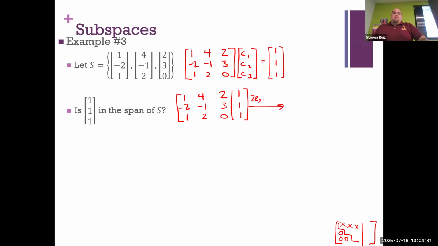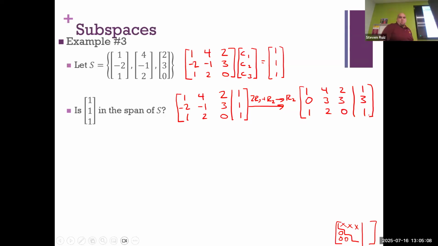2 times R3 plus R2 back to R2. So I believe that'll give us one of the zeros we want. So 1, 4, 2, 1, 0, 3, 3, and 3 again. 2 times row 3 plus row 2. Okay. And then 1, 2, 0, 1. Good.